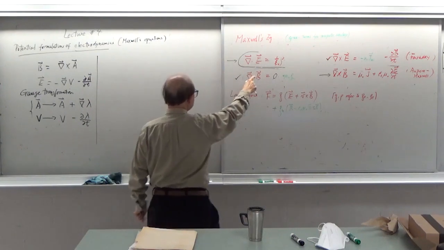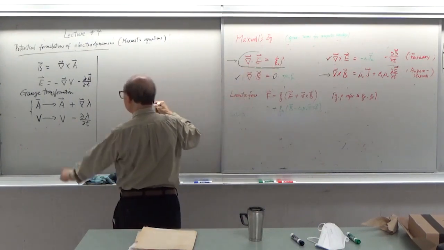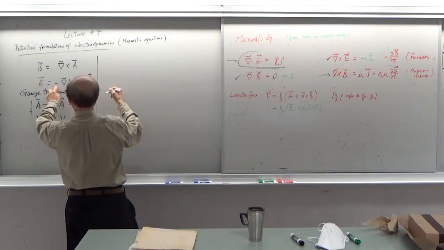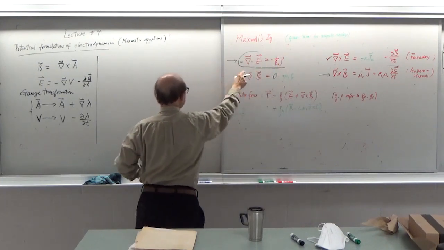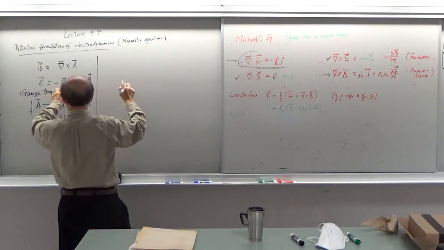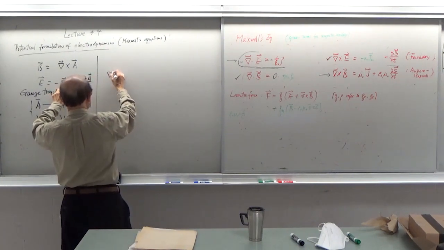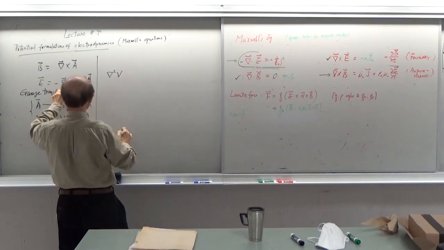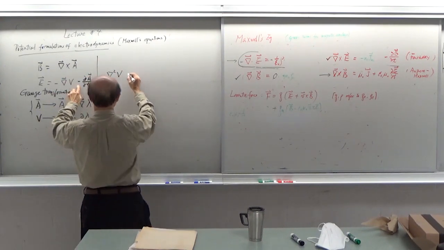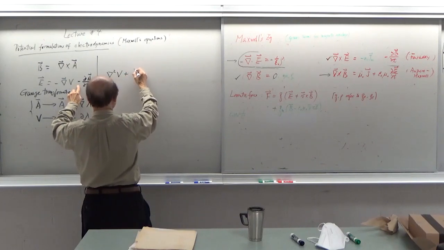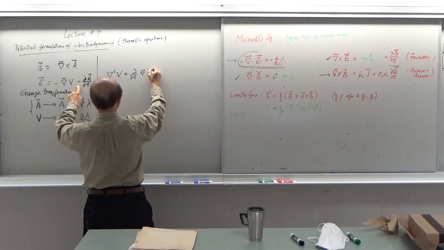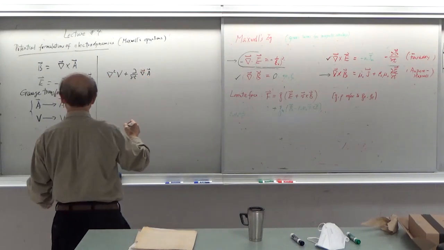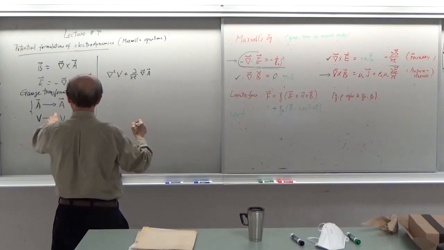This equation says divergence of E is that divergence of E. So let me put a minus sign: minus divergence of gradient would be the Laplacian of V. And then this one, minus plus, del by del t of divergence of A. I haven't made a mistake.